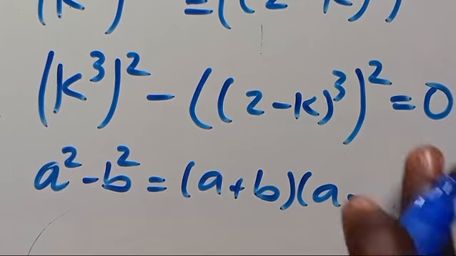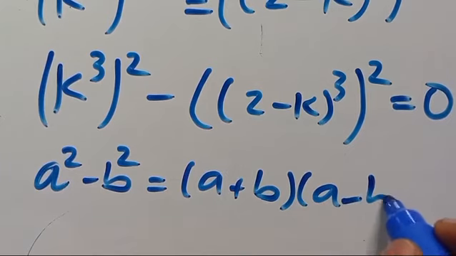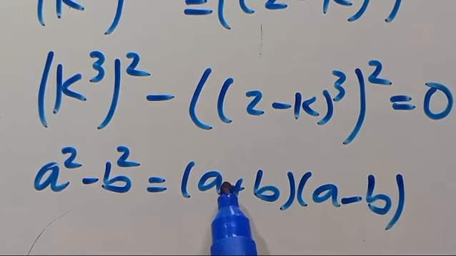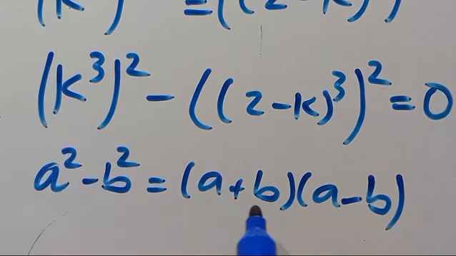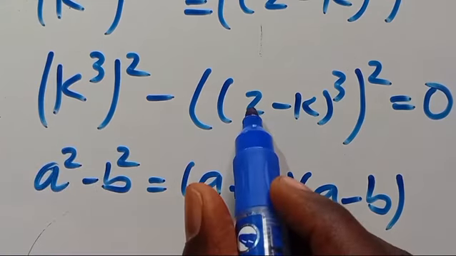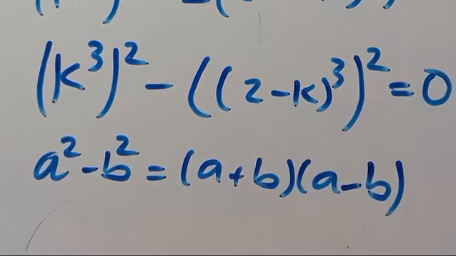So meaning that from here, our a will be equivalent to k to the power of 3, and our b will be equal to (2 minus k) to the power of 3.